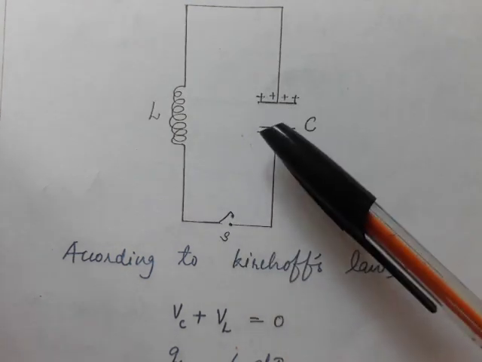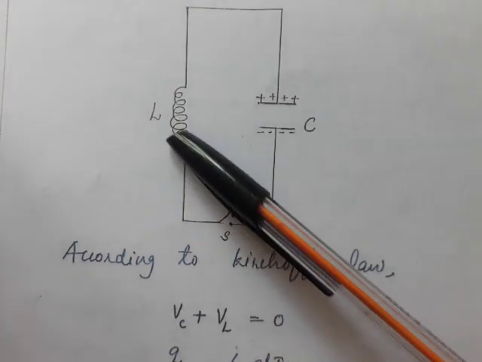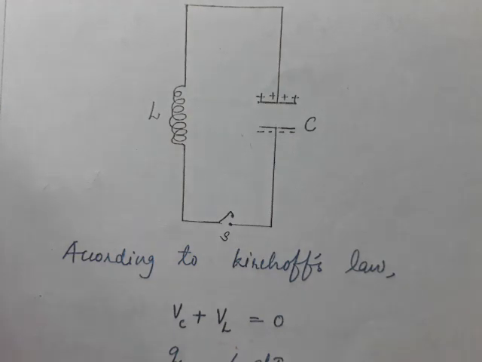The capacitor is charged and there is a switch. You close the switch, charge flows from the capacitor and current flows through the inductor. When current flows through the inductor, it creates a magnetic field around it. Because of that, there is a voltage drop, an induced EMF. That induced EMF is calculated as L di by dt, if I is the current.